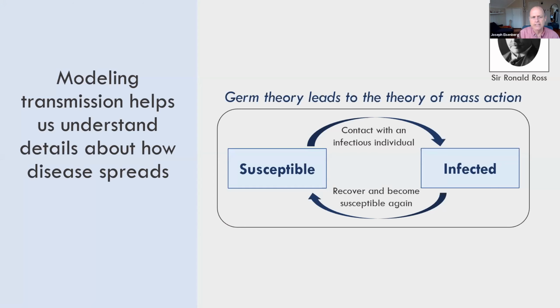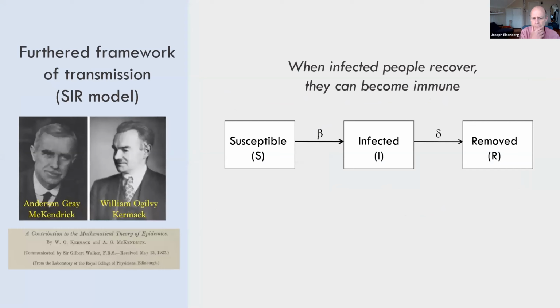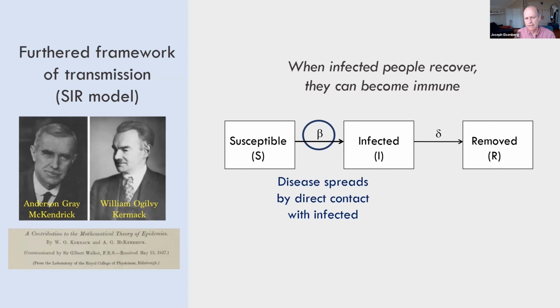An extension to this model, developed in the late 1920s, is what we call the SIR model. That's the model that's most used in modeling diseases like COVID-19, where now a susceptible person can become infected when coming in direct contact with an infected individual.